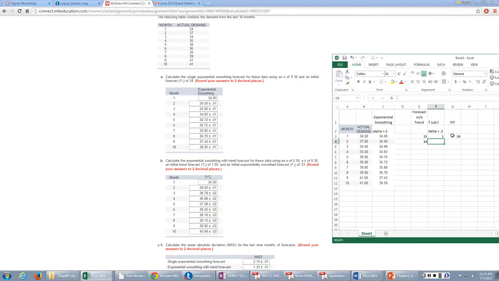Okay. Our delta, or excuse me, our trend factor is going to be our trend from the previous time period plus our delta of 0.3 times the difference between the forecast for this time period minus the forecast including trend from the last time period.